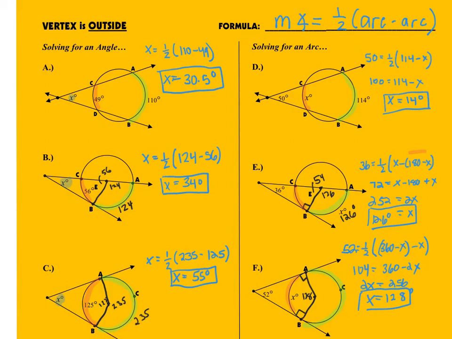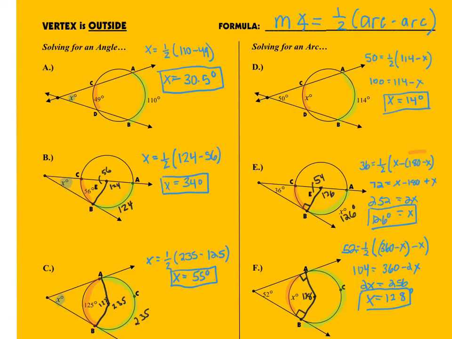And then you could use the formula that x, this angle here, is equal to 1/2 this arc here, 124, minus 56. And you would still get 34 degrees. So it kind of depends on what you see in that problem.